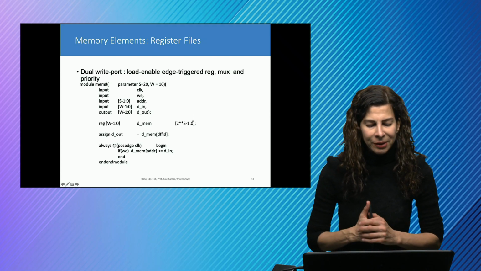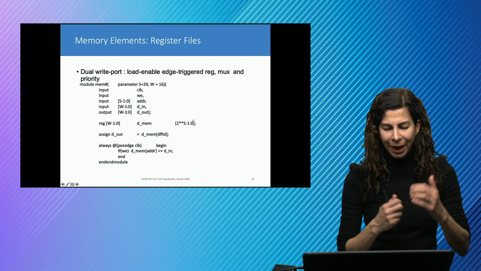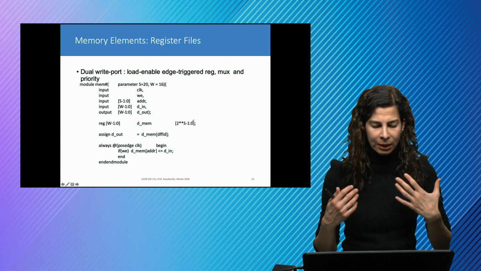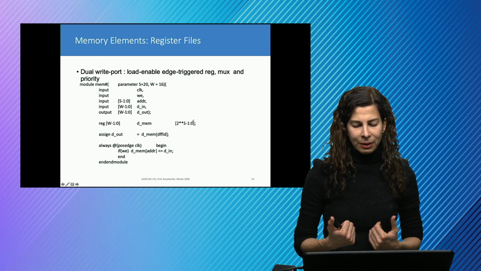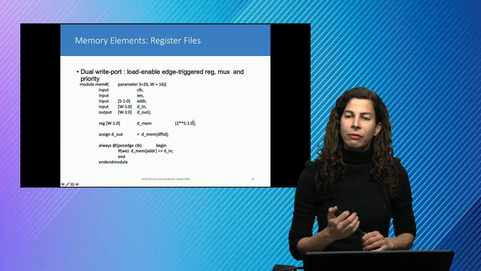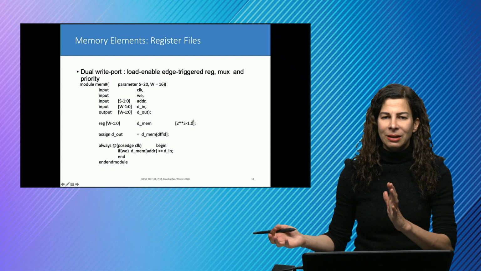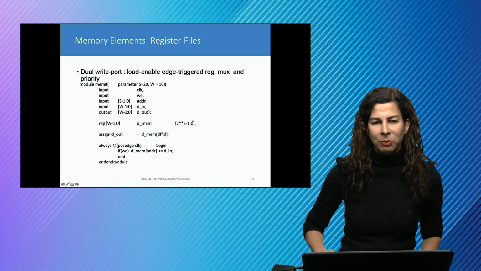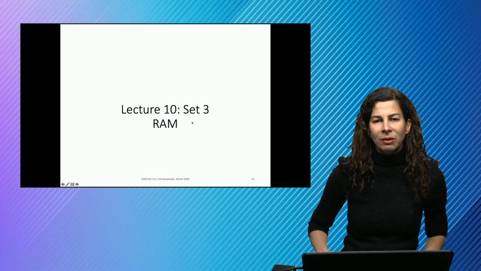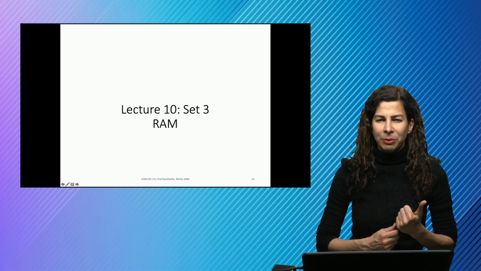Then we have the address for the input, the data in, and the data out. If one of them is enabled, we are going to get the data in that is appropriate for that particular register. So pretty similar. In the next set, we will be learning about random access memory.